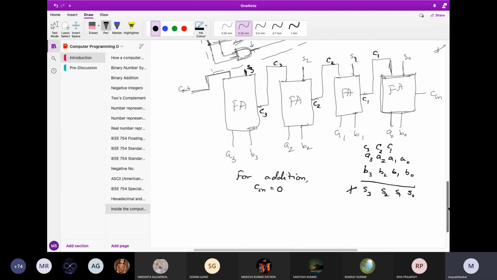But this slows down because addition is one of the most common operations that happens.